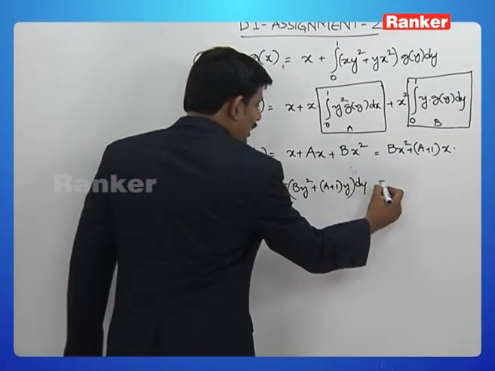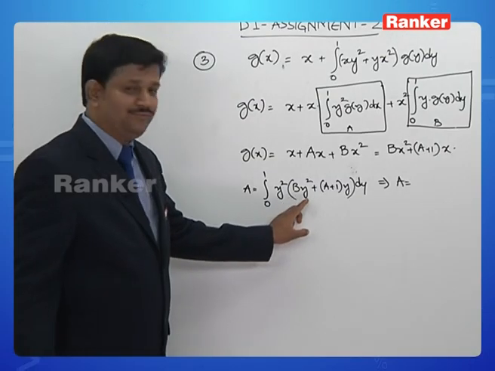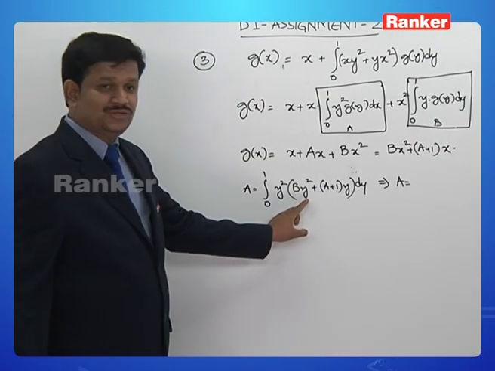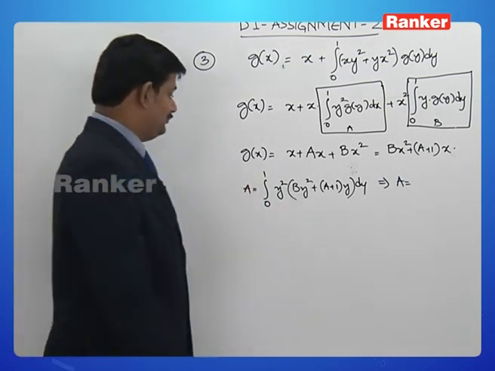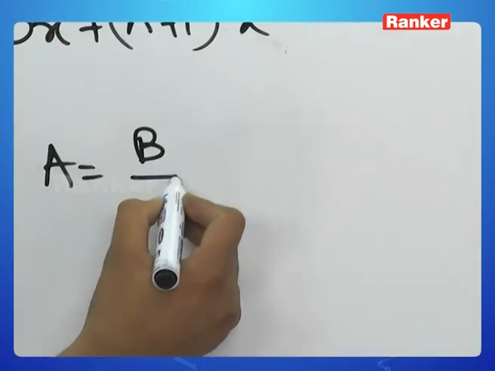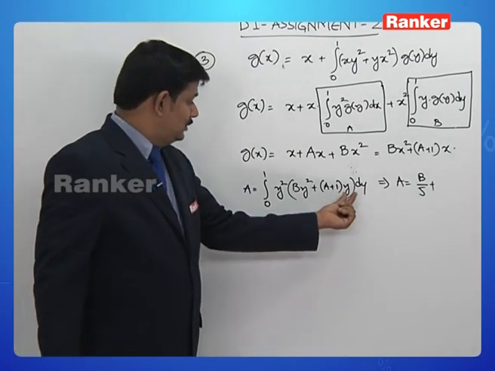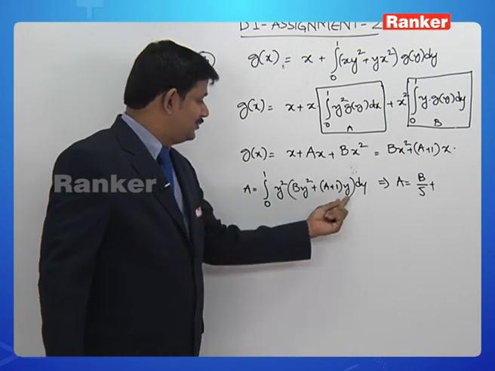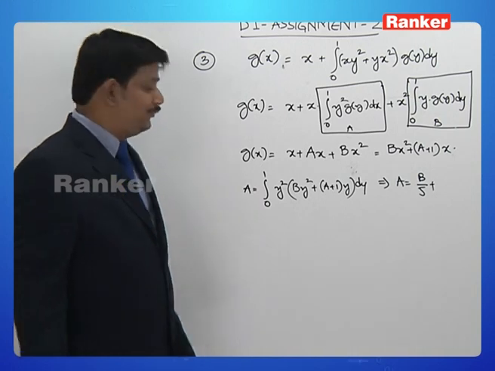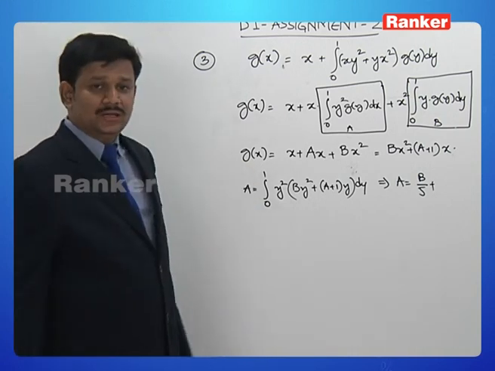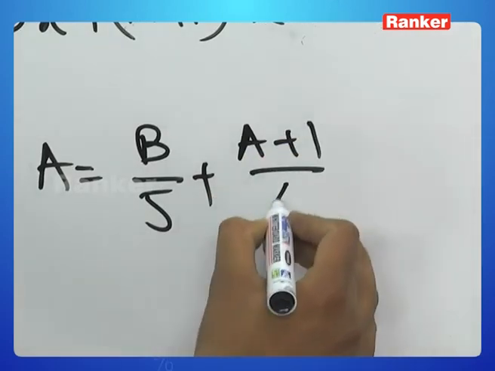From this we have a is equal to b times y power 4, the integral of y power 4 is y power 5 by 5, within limit 0 to 1 it is 1 by 5, so b by 5 plus a plus 1 into the integral of y cube, y square into y is y cube, the integral is y power 4 by 4, within limit 0 to 1 it is 1 by 4, so a plus 1 by 4.